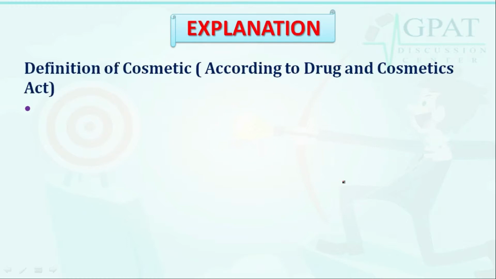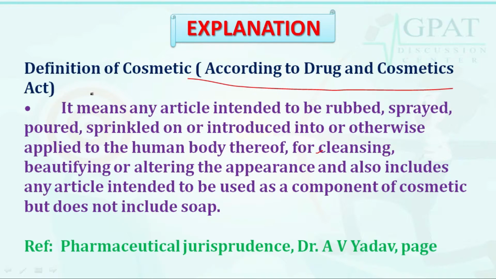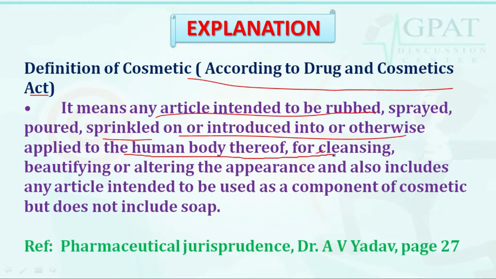So let's discuss with the help of the explanation that according to the D&C Act, it means any article intended to be rubbed, sprayed, sprinkled, or poured, or to introduce into or otherwise applied to the human body, or any part thereof, for cleansing, beautifying, or altering the appearance, and also includes any article intended to be used as a component of cosmetics, but does not include soap.